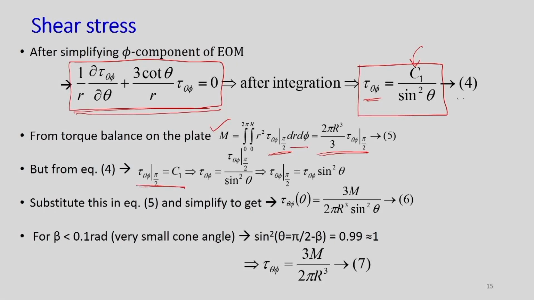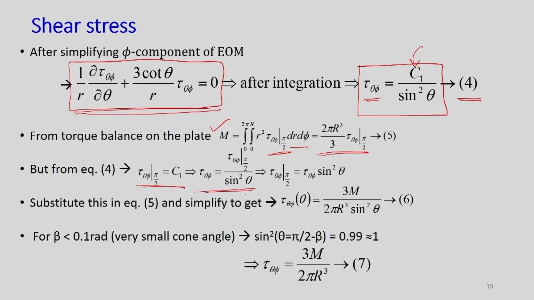In equation number 4, if you substitute theta equals pi by 2, you will get tau theta phi at pi by 2 equals C1. So, you got this constant C1. Equation 4 will become tau theta phi equals tau theta phi at pi by 2 divided by sin square theta.